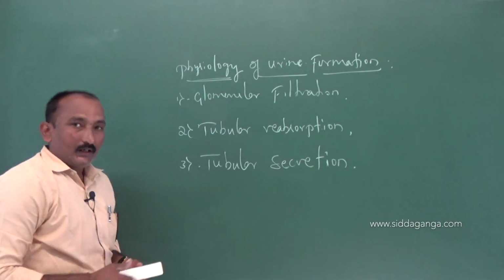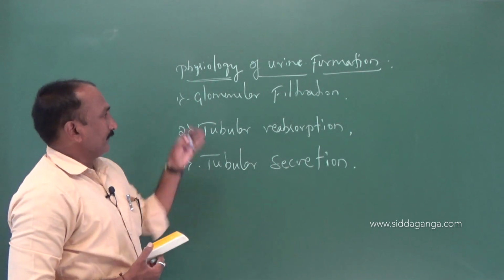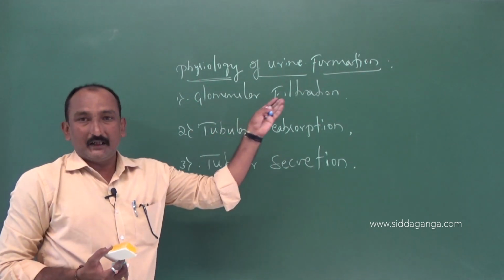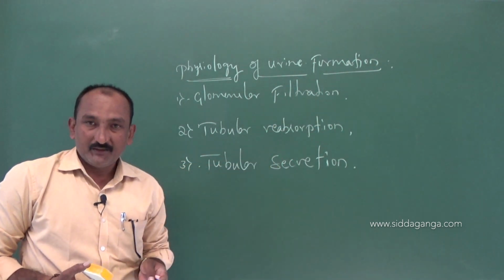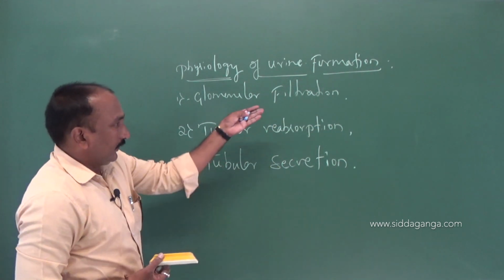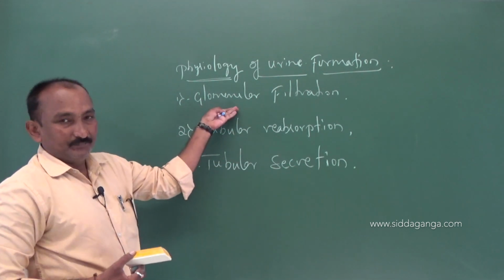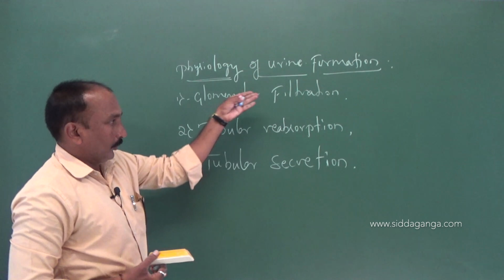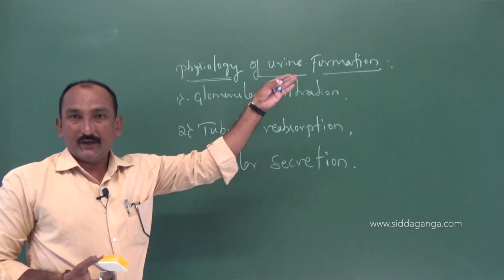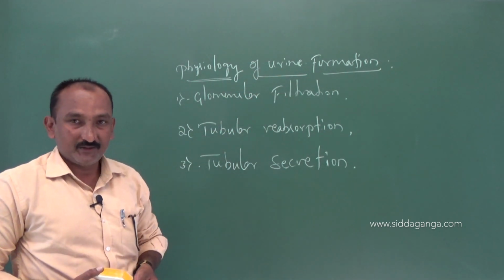So in the previous class I discussed the first step, that is glomerular filtration. What is glomerular filtration? The filtration of blood from the glomerulus is known as glomerular filtration.